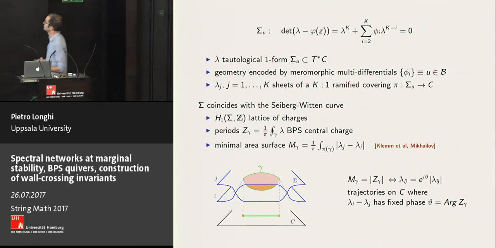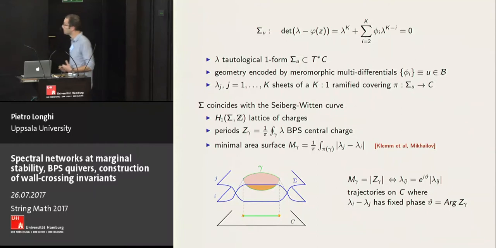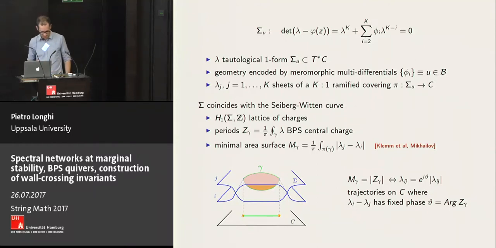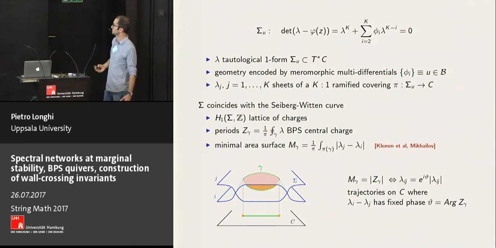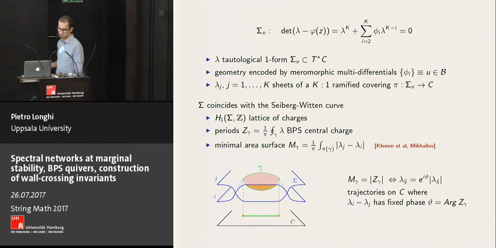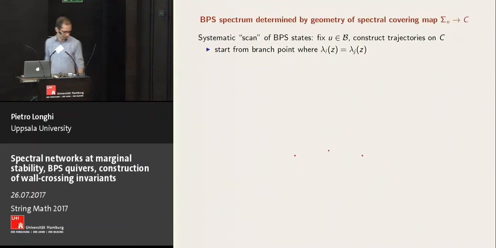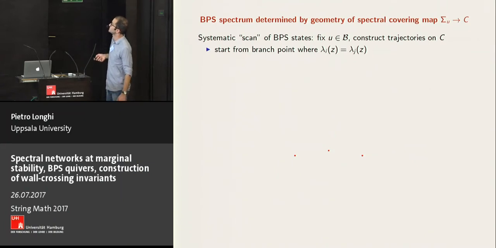It's a very strong condition which is not satisfied by most homology classes. So only those which satisfy this condition are stable BPS states. And of course, which homology classes satisfy the condition is directly determined by the geometry of Sigma. So there's a very direct relationship between the geometry of the spectral curve and the BPS spectrum.